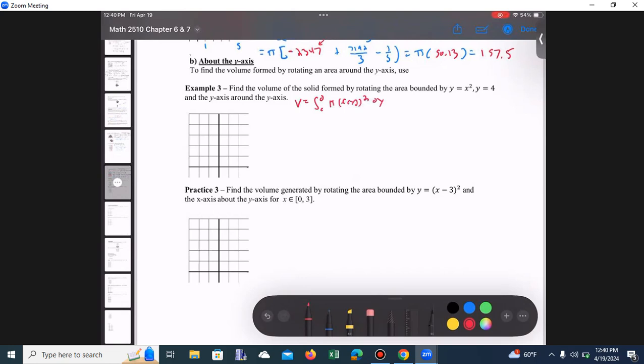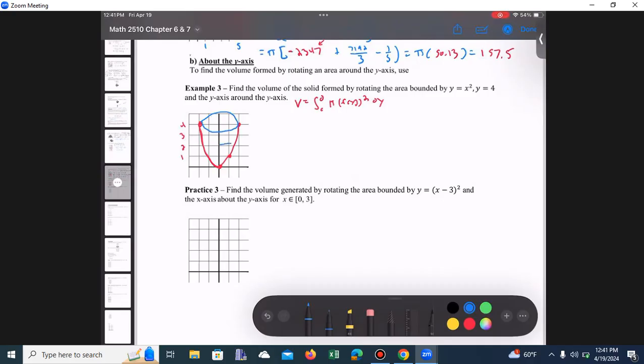Right, so if we're looking at y equals x squared and up to y equals 4, so 1, 2, 3, 4, x squared would be 0, and 1 squared is 1, 2 squared is 4. So we're looking at this, and then we're going about the y-axis, so it ends up being the same on this side. And then we're using this cross-sectional area that's now basically horizontal.